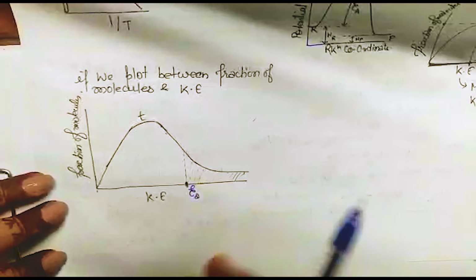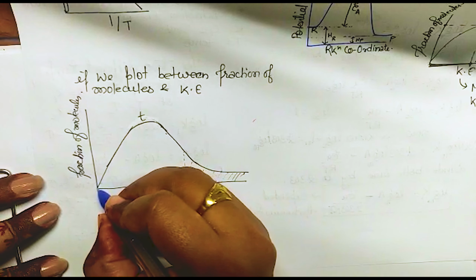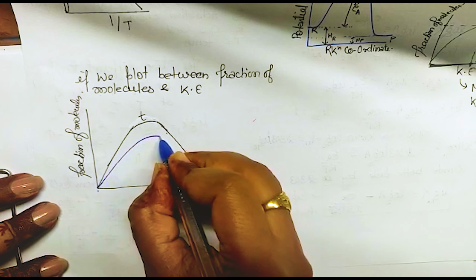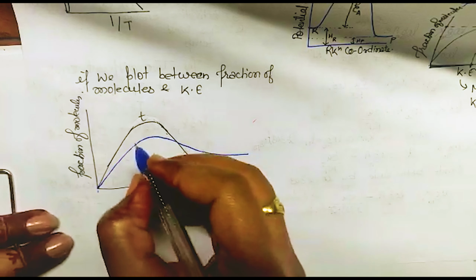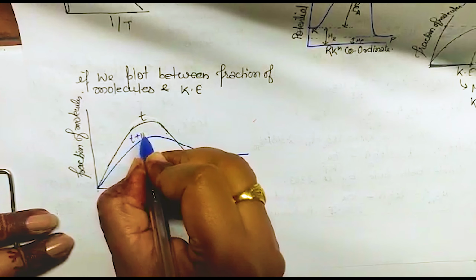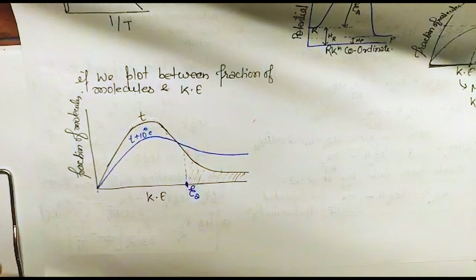Got it? So if we increase the temperature by 10 degree, we will get a graph like this. This is the graph at T plus 10 degree, and I'm taking 10 degrees Celsius. Got it?